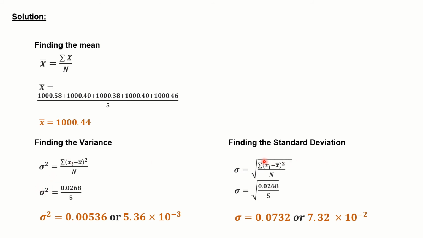This is the equation of the variance, so to remove the square here, we get the square root of the other side of the equation. So standard deviation is equal to the square root of 0.0268 divided by 5. So the standard deviation is equal to 0.0732 or 7.32 times 10 raised to negative 2. This is what we will use, these decimal points.